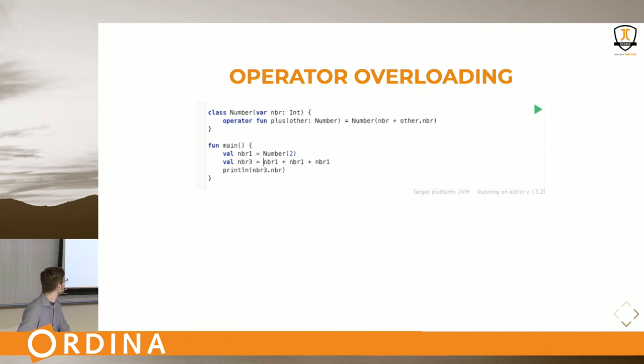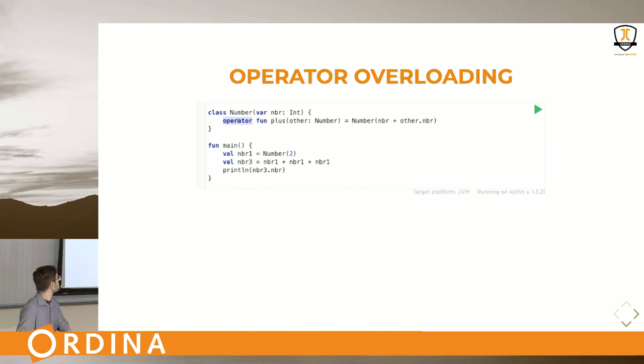Then we can add objects to each other, which is nice. Normally in Java, if you would want to add number 1 to number 1 to number 1, you would do number 1 dot add number 1, and then the result of that should add again number 1. But here we can just use the plus operator because we define it.